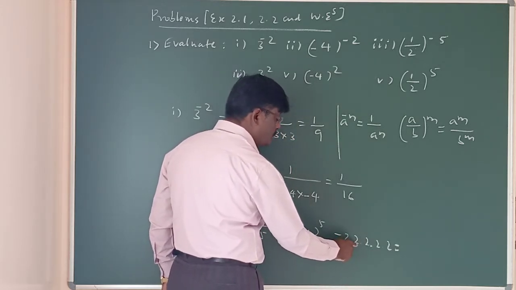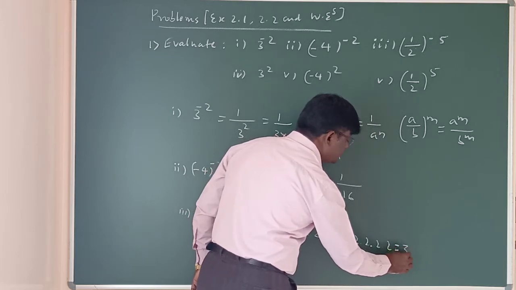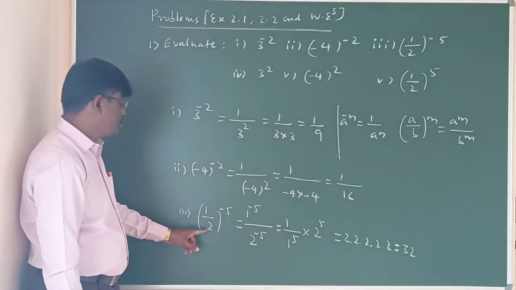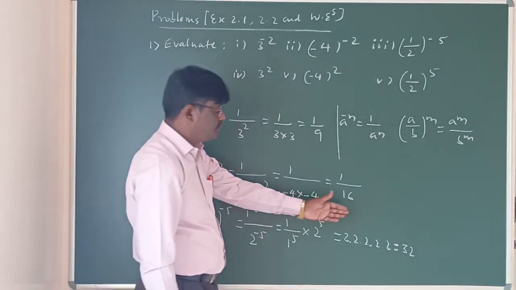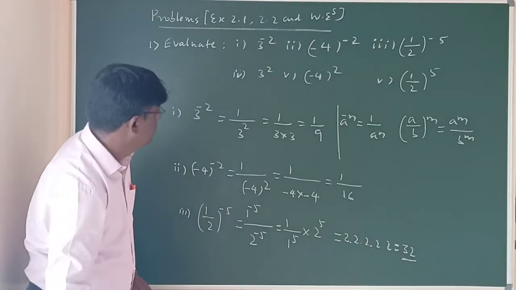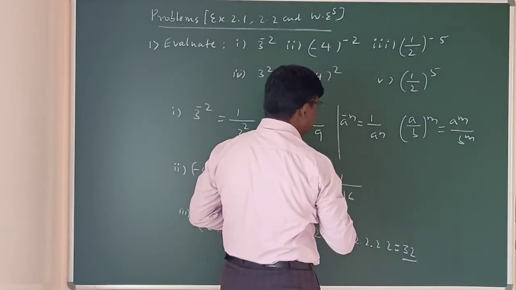Or 2 twos are 4, 4 twos are 8, 16, 32. Thus, the value of 1 upon 2 whole power minus 5 is equal to 32. Okay. Next, we shall take the fourth one, 3 square.